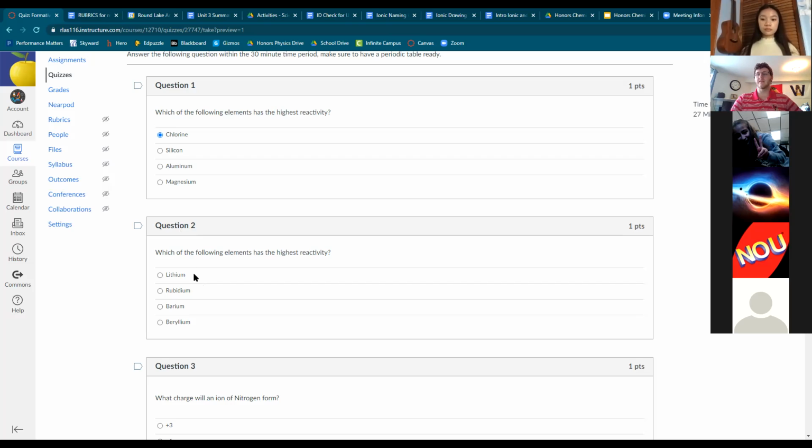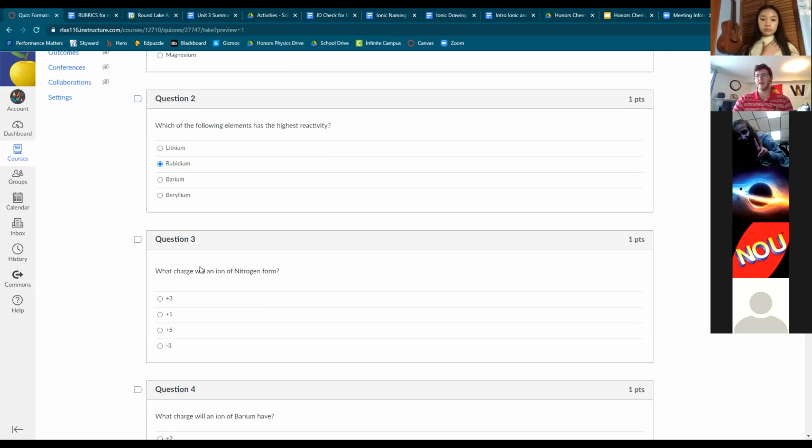Because rubidium and lithium both have 1 valence electron, but rubidium is going to have a smaller ionization energy, meaning that it's easier to remove rubidium's valence electron than it is to remove lithium's valence electron, meaning that it's going to react faster with rubidium than it would with lithium. Any questions on those two?